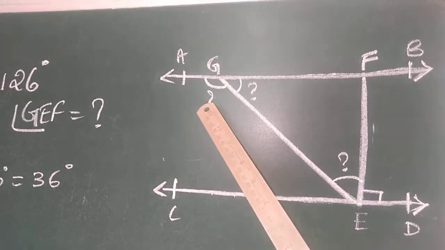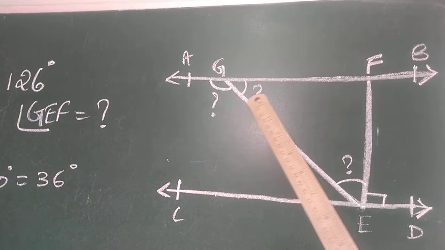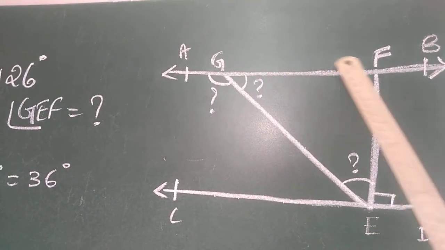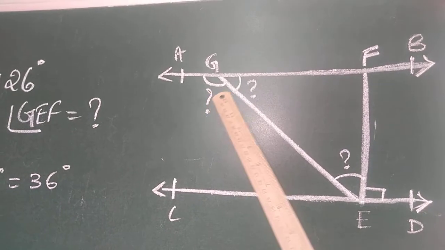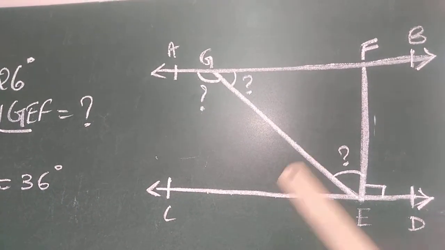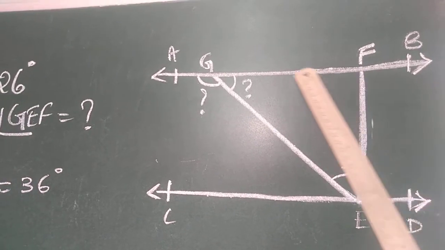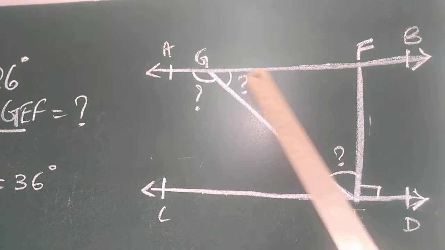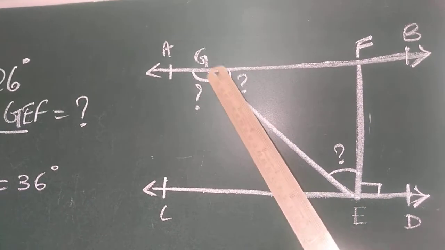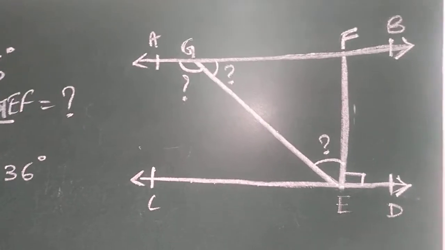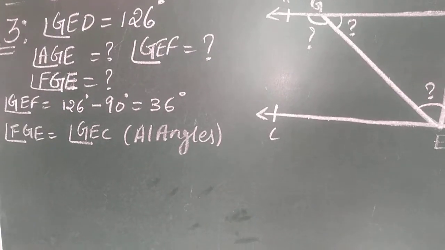If I get AGE, then directly I will get angle EGF because these two are a linear pair. Okay children, or else you can go with the alternate angle, that is FGE equal to GEC. Okay children, shall we begin the problem? So now I have written the same, children.